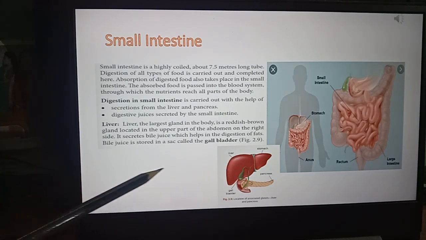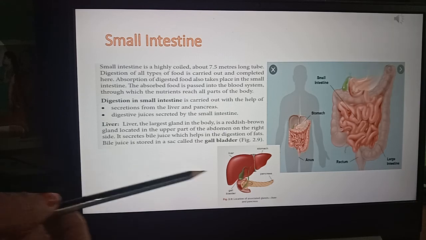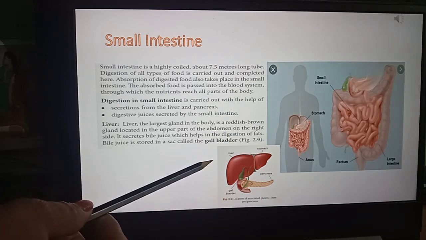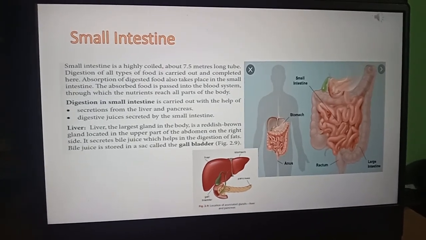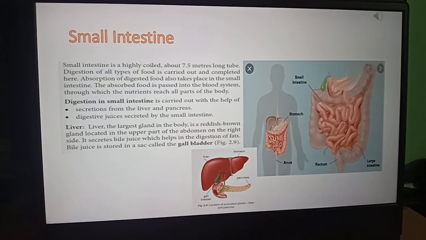Now, what is the function of the liver? The liver secretes bile juice. Now you will be asking what bile juice is and what its function is. The bile juice secreted by the liver is helpful in the digestion of fats.